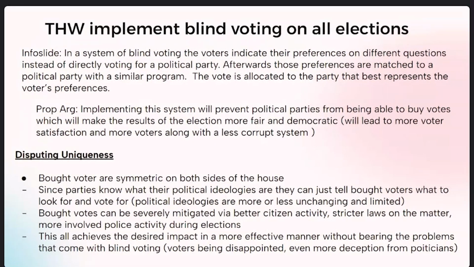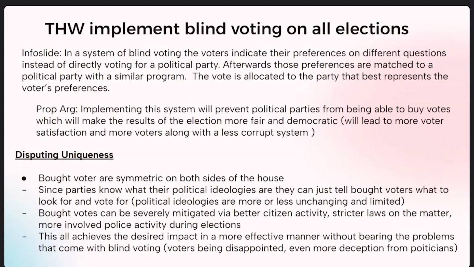And a prop argument here might be that implementing the system may prevent political parties from being able to buy votes, which will make the results of the election more fair and more democratic, which will in turn lead to more voter satisfaction and a larger amount of voters with a less corrupt system.